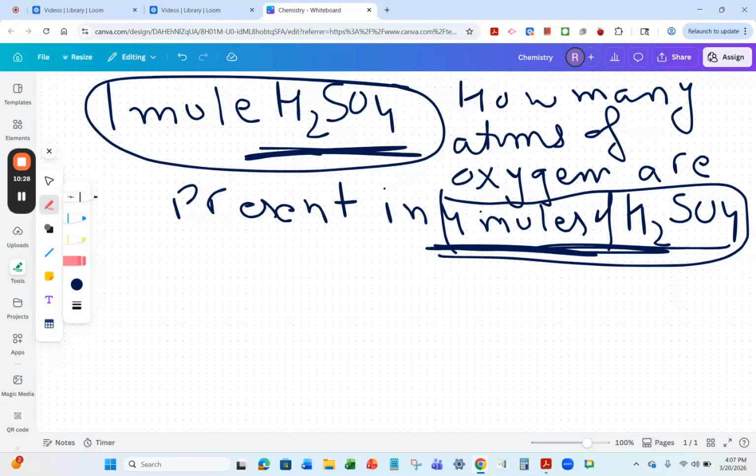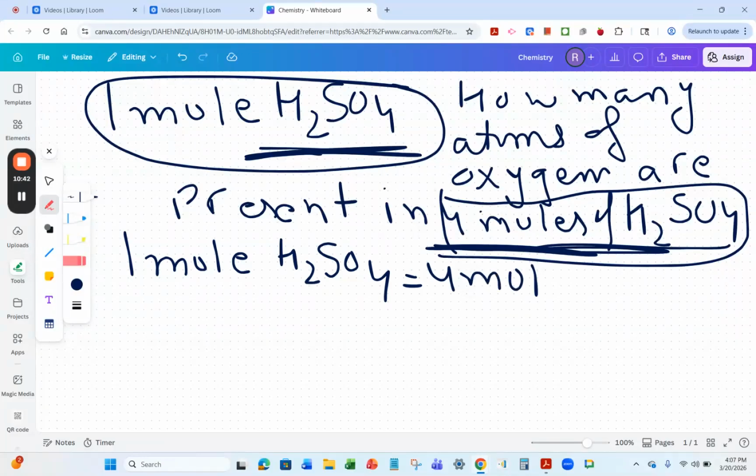First of all, what do you know? I know 1 mole of H2SO4 has 4 moles of oxygen atoms. This is your known information, but your question is for 4 moles.